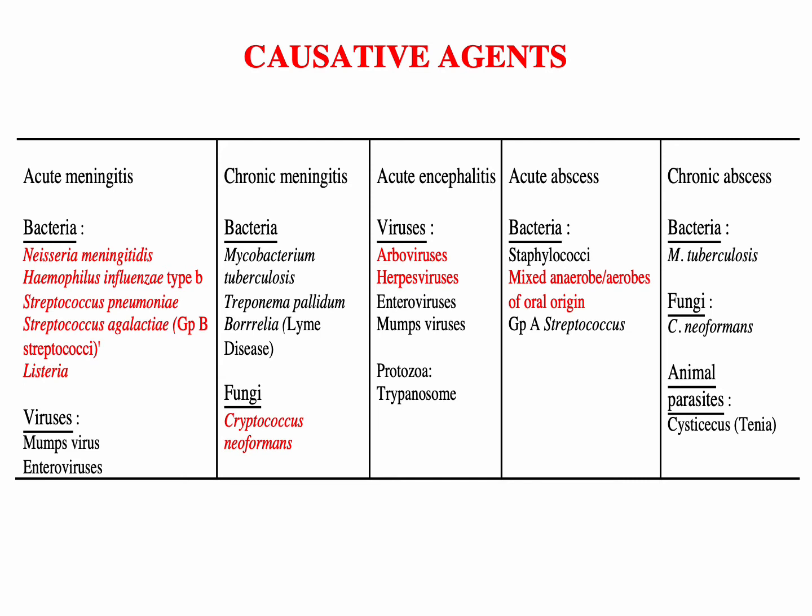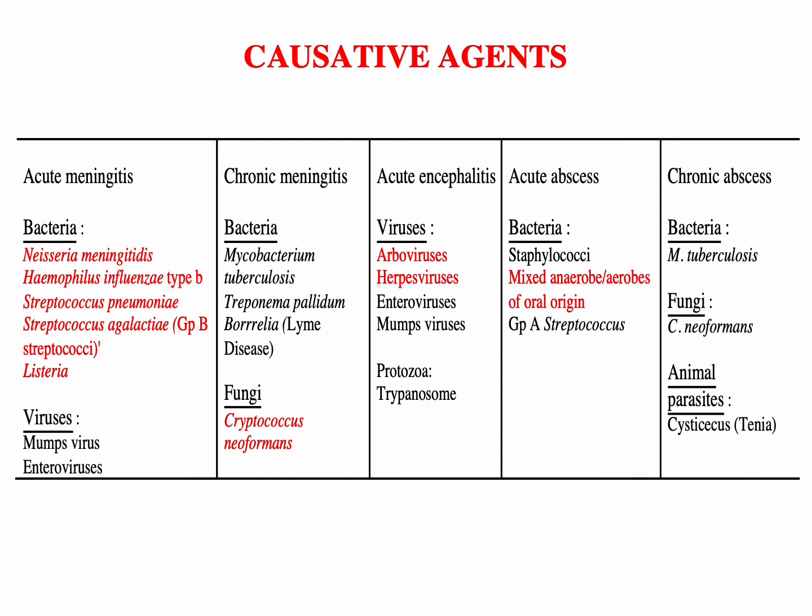In this table you can see the organisms grouped into acute meningitis, chronic meningitis, acute encephalitis, acute abscess, and chronic abscess. You can see bacteria are a common cause of meningitis. The most common ones that we're going to talk about are Neisseria meningitidis, Haemophilus influenzae type B, Streptococcus pneumoniae, Streptococcus agalactiae, which is also commonly called Group B strep, and then Listeria.